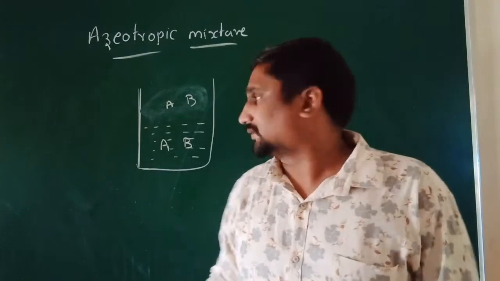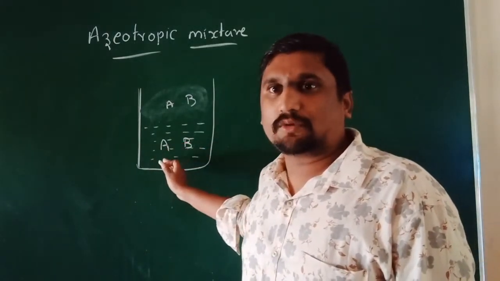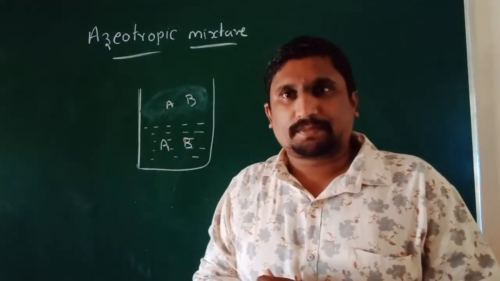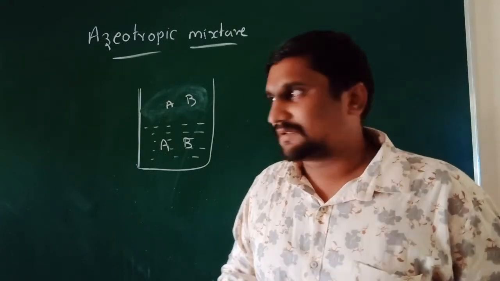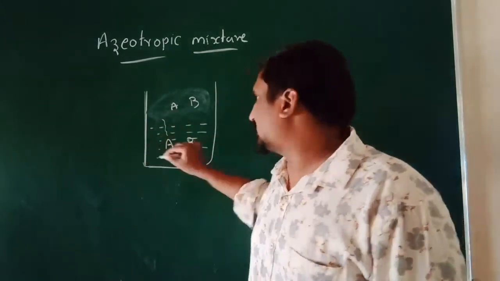One more unique feature of an azeotropic mixture: A is a different component and B is a different component, but only in an azeotropic mixture, at the temperature at which A boils, B also boils. Although these two are different components, both boil at the same temperature.